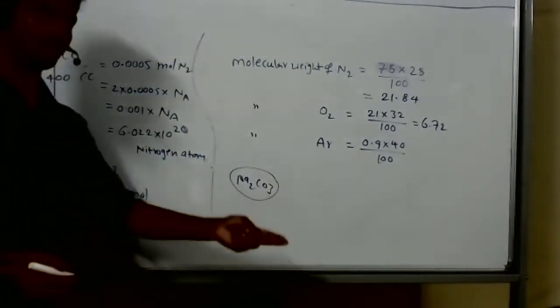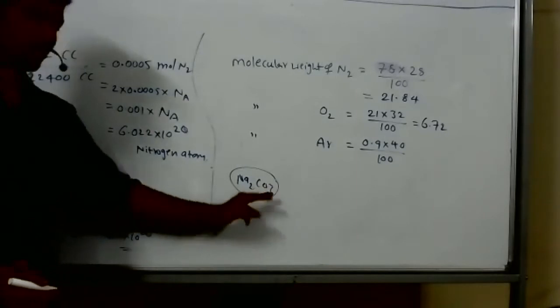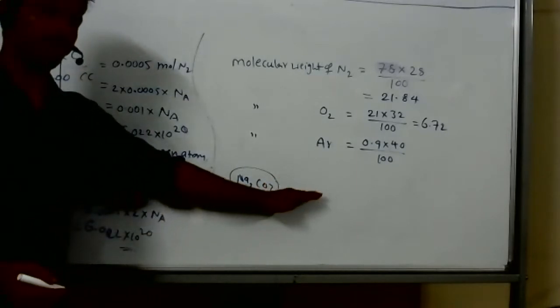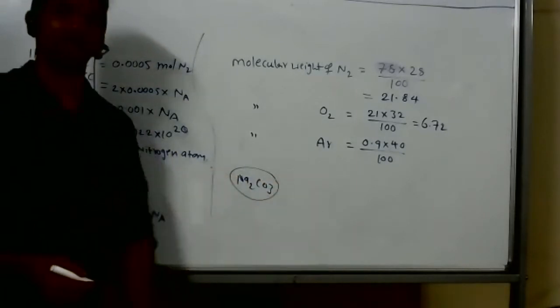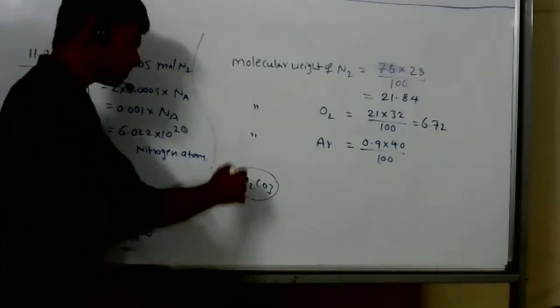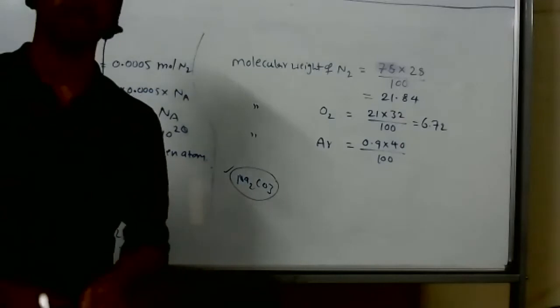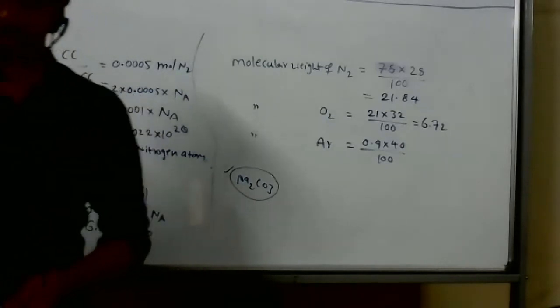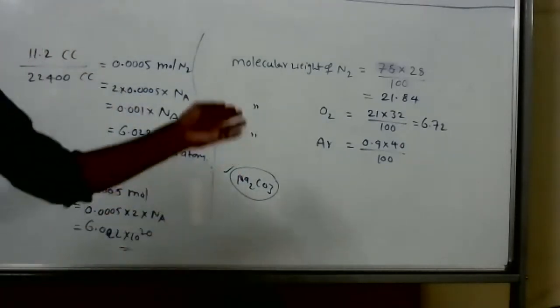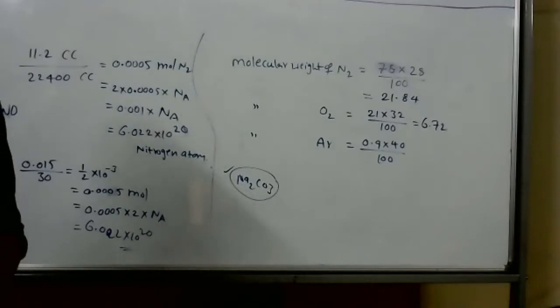In such cases we apply that: the mass of the atom present in a compound divided by the total mass of the compound into 100. But here we are asking the mass of air, that mixture. Okay, sir. So 0.9 into 40 by 100, the answer is 0.36.